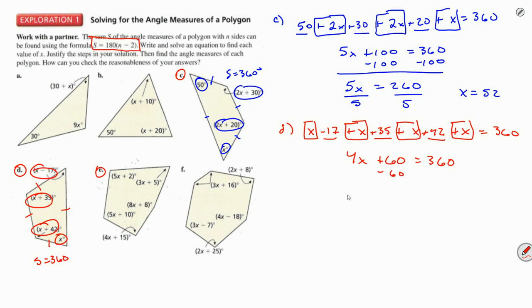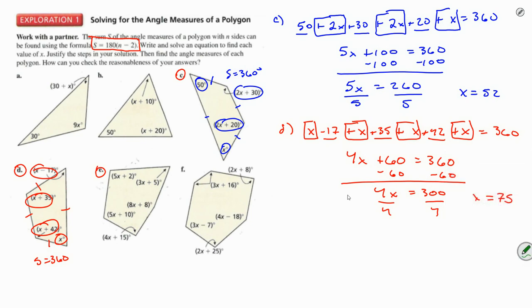We go minus 60, minus 60. We're inverting the operations. 4x equals 300. Divide by 4, divide by 4. We get 300 divided by 4. I should know that off the top of my head and don't. x equals 75.